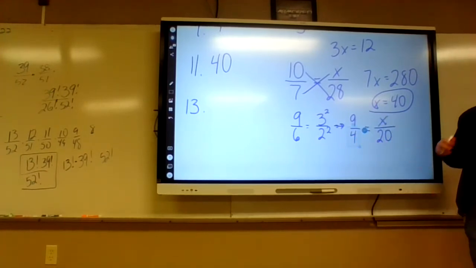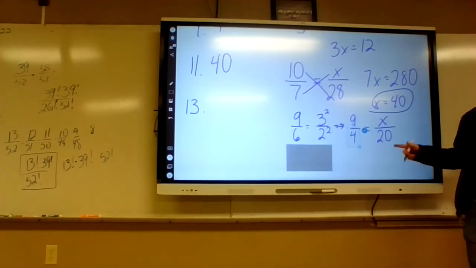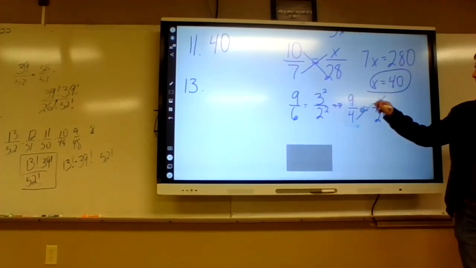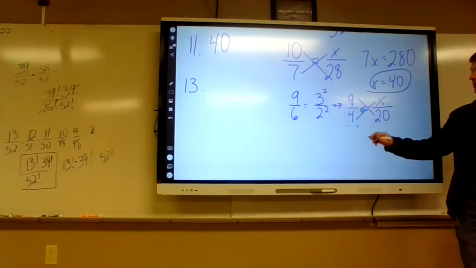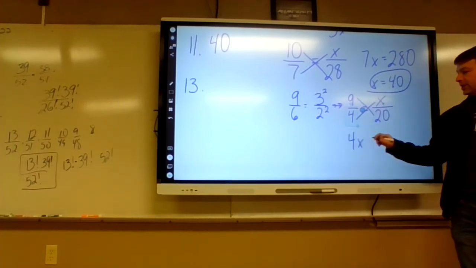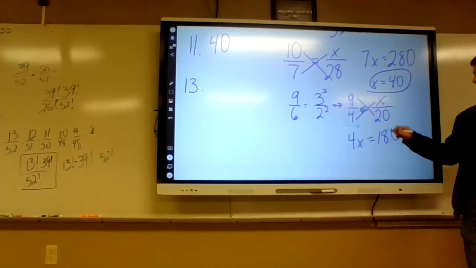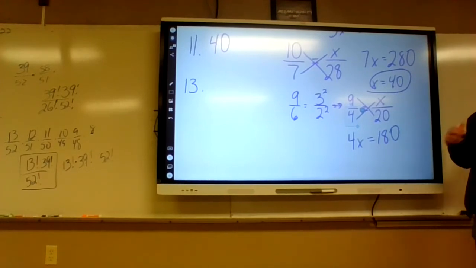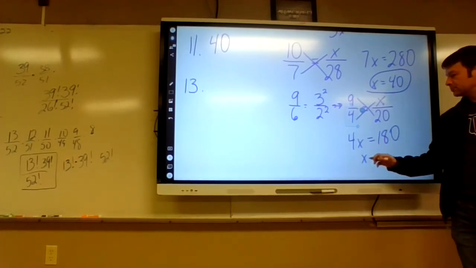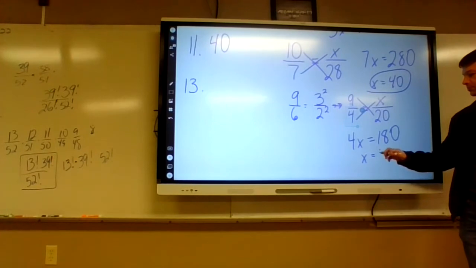The big triangle goes across from the 9x. Cross multiply: 4x equals 180. 180 divided by 4, that's kind of a tricky one. 45.